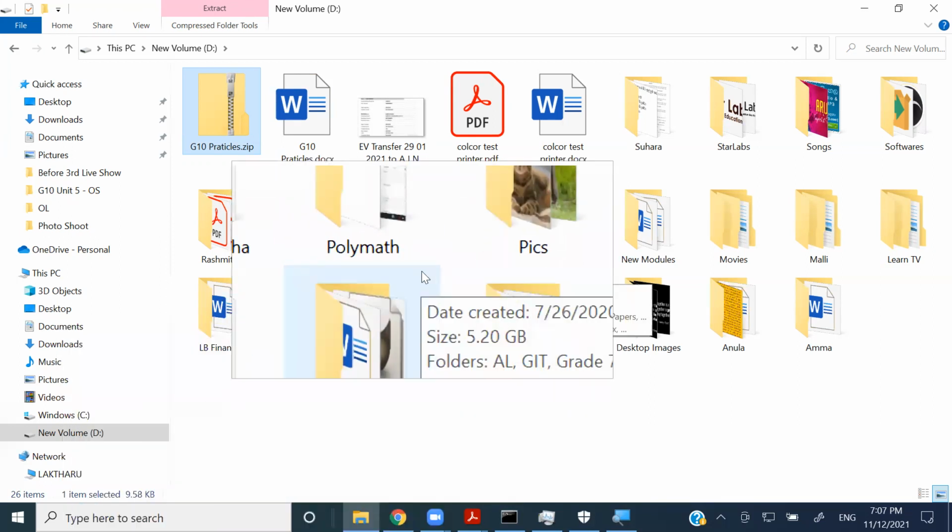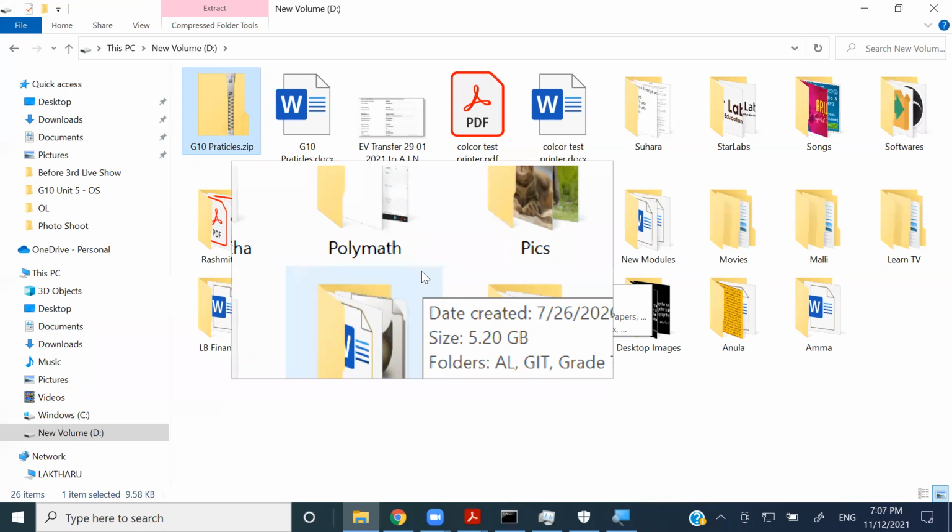Sometimes our email account alerts us: this is bigger than the attachment limit, you can't send these kinds of big files through email. In that case, we can compress that particular file. Then most probably you will have less capacity on the compressed file.